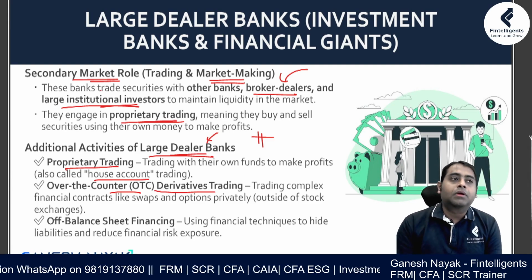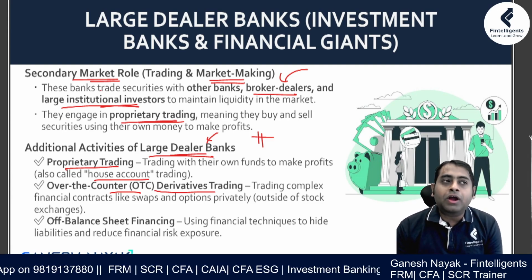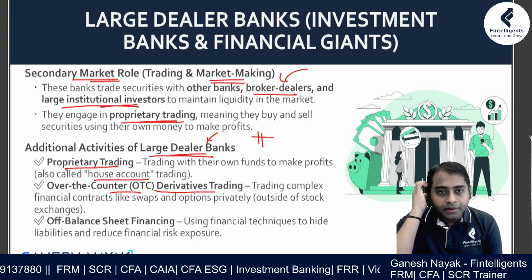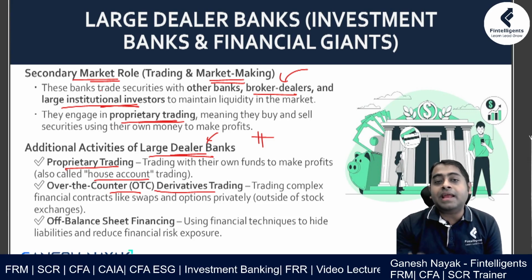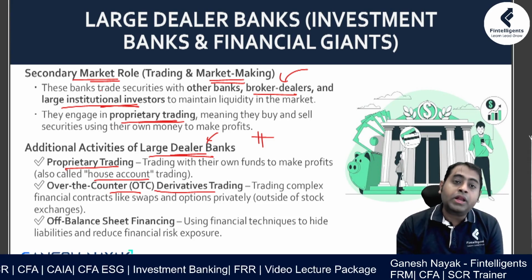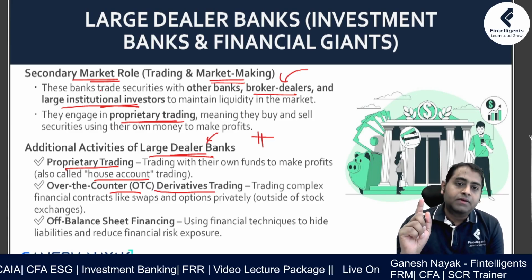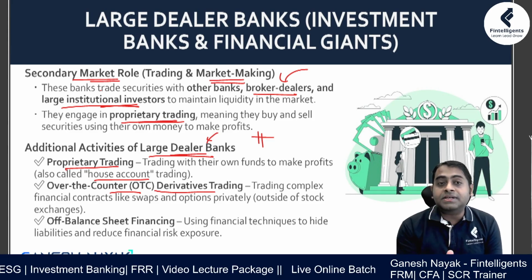For example, if JP Morgan wants to buy barrels of Brent crude oil, exactly 1111 barrels, and they want this oil exactly after 3 months, on the 17th of February, exactly this date, this is customization.